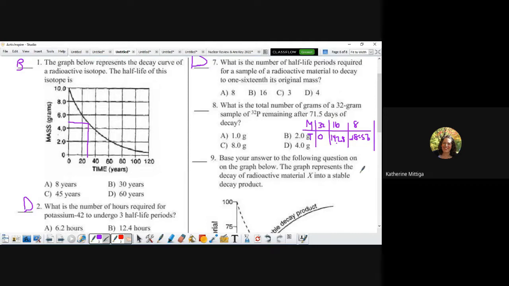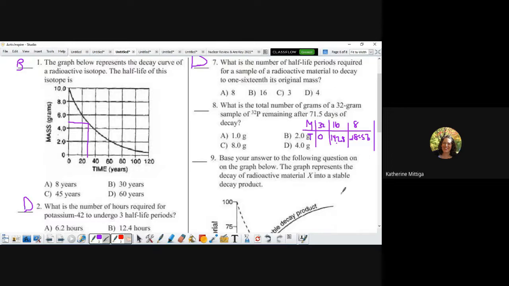I'm going to keep going down here. So add another 14.28, and another 14.28.